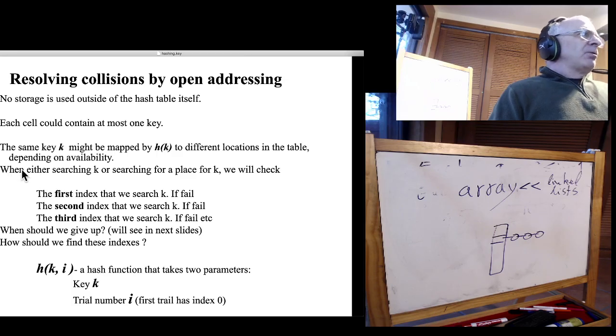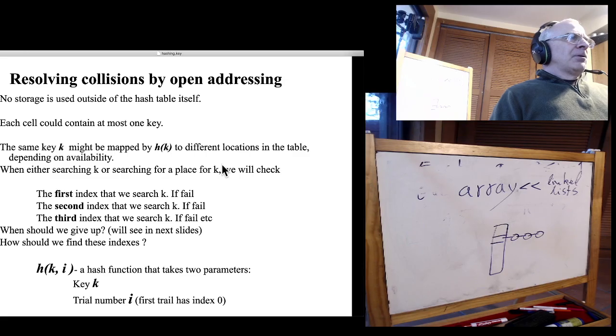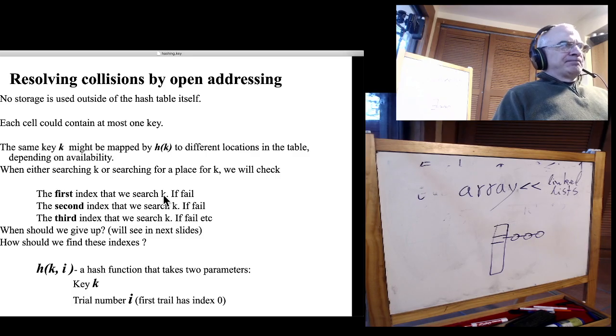So when we are either searching for K or searching for a place for K for the purpose of insertion, we will have some method of checking where K is. We will have the first index where this particular K is, or the first index where we will try to insert K, or the first place that we will search for K. Now, if the operation fails, meaning if we search and somebody else is there, then we didn't find it at this index.